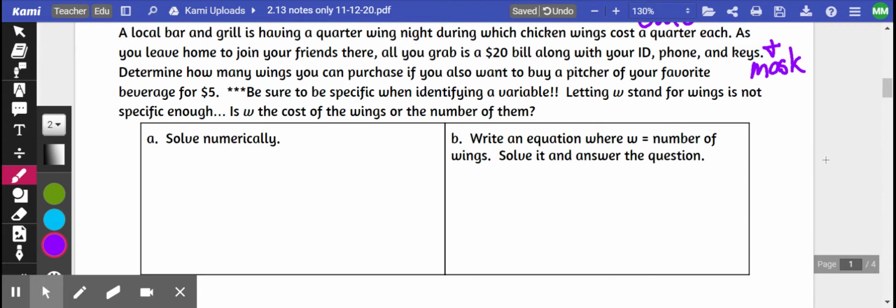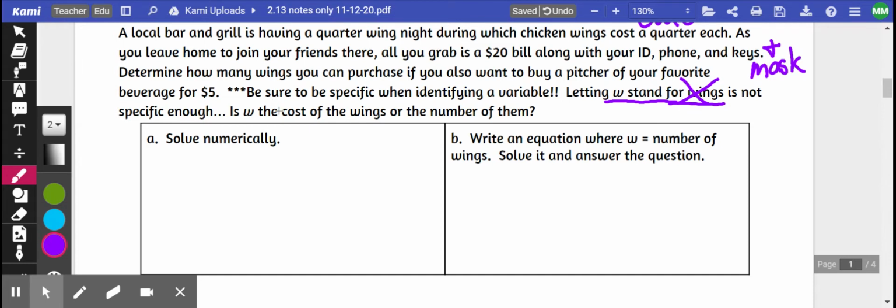Be sure to be specific when identifying a variable. In this one, it does help us out and it states what we have. It says W standing for wings is not enough, okay? So we don't want it just standing for wings, because we don't know what that is. Is that the weight of the wings? Is that the cost per wing? Is that the number of wings?